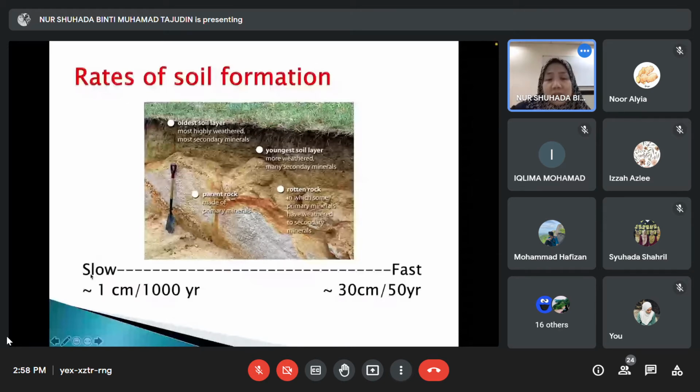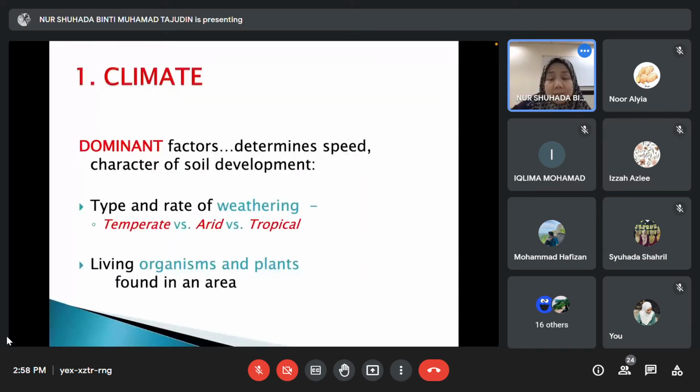So the types and rate of weathering depend on where the country is. For example, the country is in the Mediterranean, the Arab region. Then for example, we have tropical such as Malaysia and Indonesia, and we have arid.